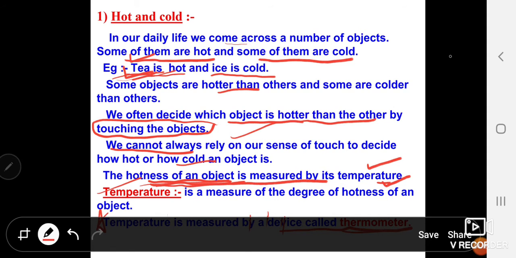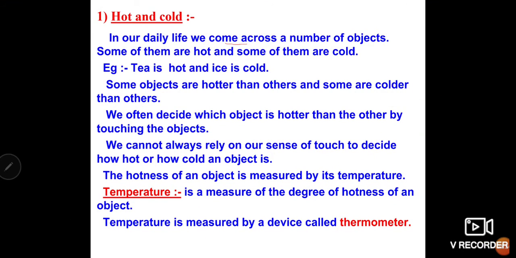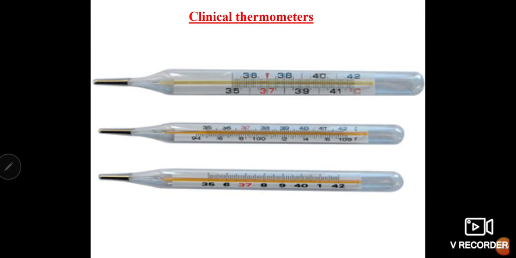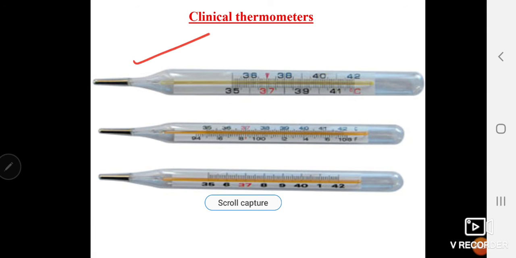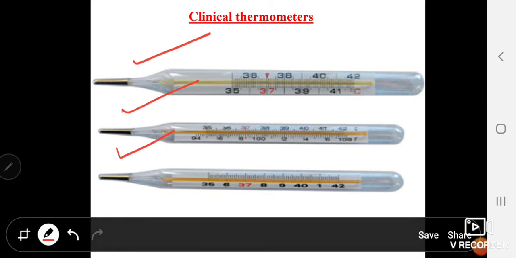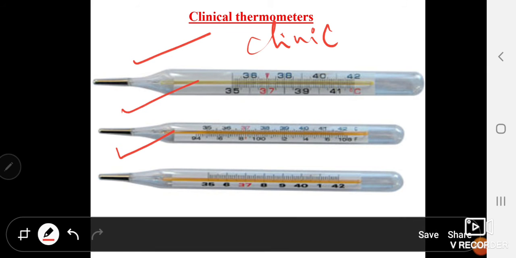Then after knowing the meaning of temperature and thermometer, see, whatever device you are seeing, this is called a thermometer, and these thermometers are used for clinical purposes, in the sense of hospitals.